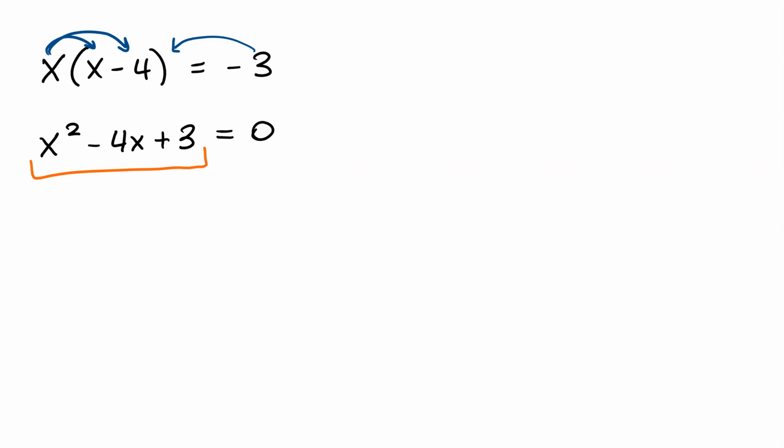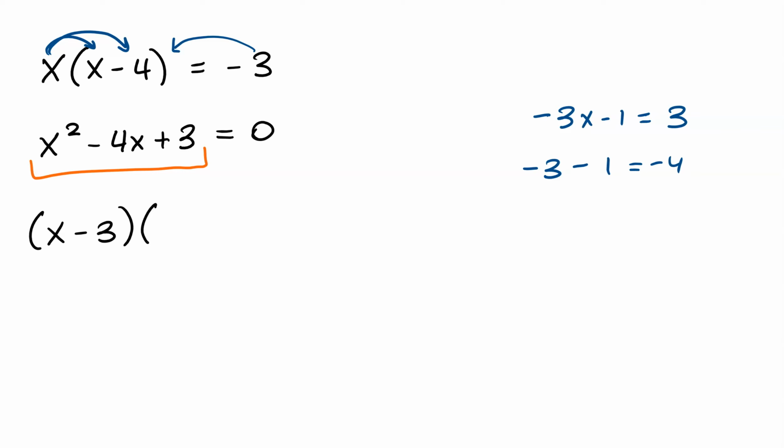So I need two numbers that multiply to positive 3, but add to negative 4. Now obviously if I've got this positive and negative, I know I'm going to have two negative numbers. So if you think about it, we've got negative 3 times negative 1 equals positive 3, and negative 3 minus 1 equals negative 4. So therefore I will have x minus 3 and x minus 1 is equal to 0.